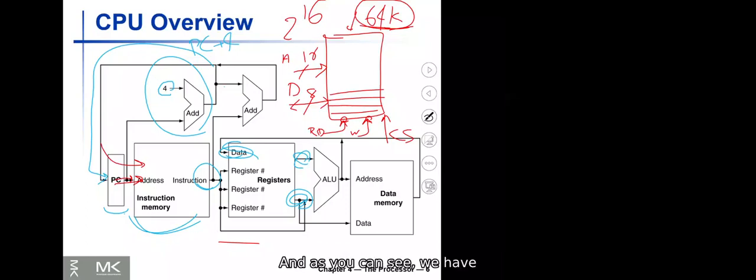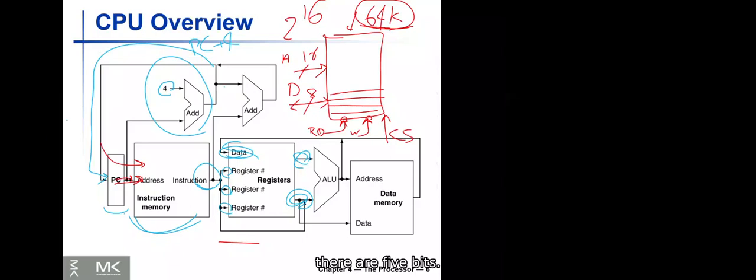As you can see, we have the address here. Why is it 3? Because 2 of them are usually, not always, for reading from the register file, and one of them is the address for writing to the register file. And how many bits is each of them?